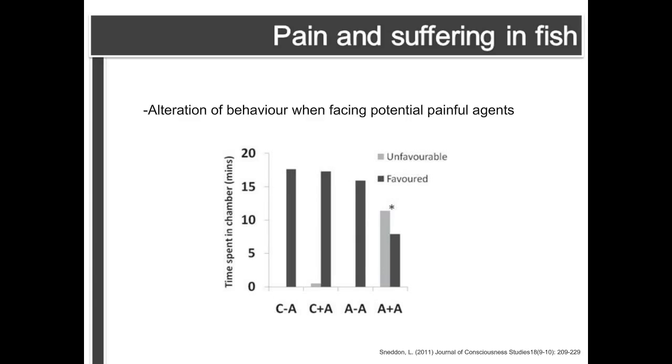So you can see here that it spends more time in the favorite chamber, but when the zebrafish is injected with acid, it started to spend more time in the barren environment because it has an analgesic inside. So it just changes its behavior to alleviate pain.